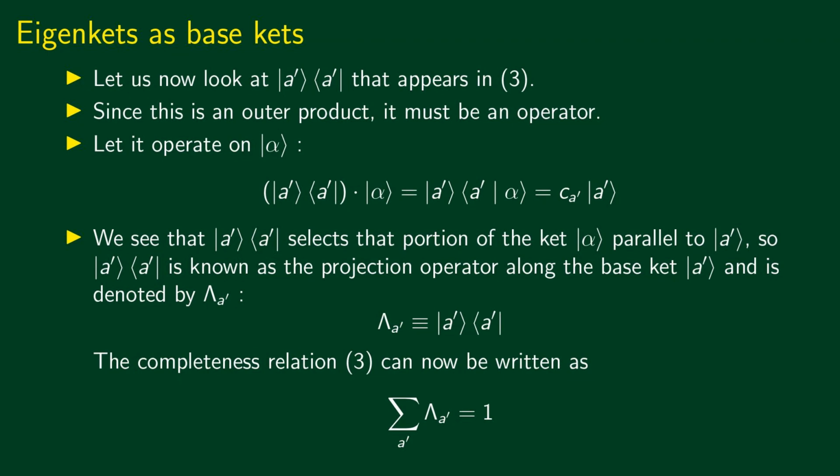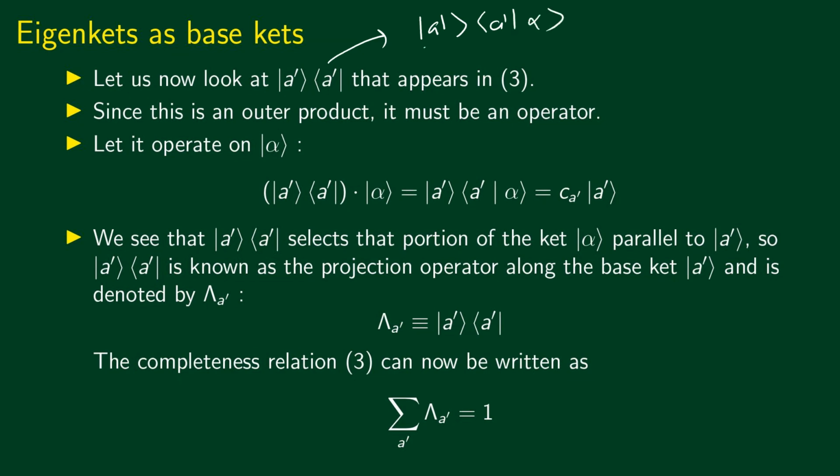Now let's look at ket A prime bar A prime once again. We said that this is an outer product, so it must be an operator. Let's look at its action on the ket alpha. You take this ket A prime bar A prime and act it on alpha.